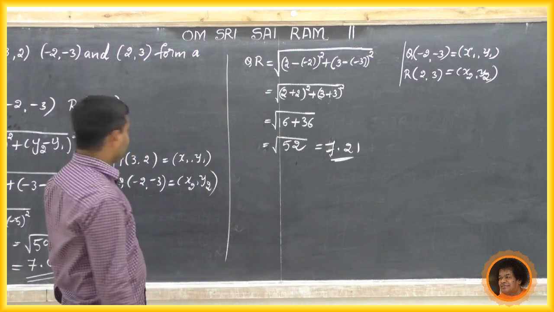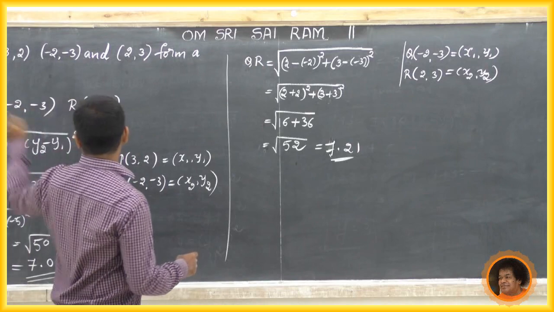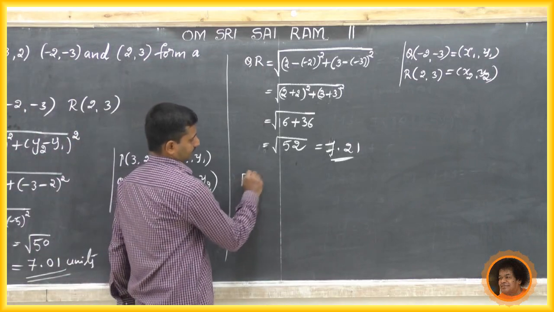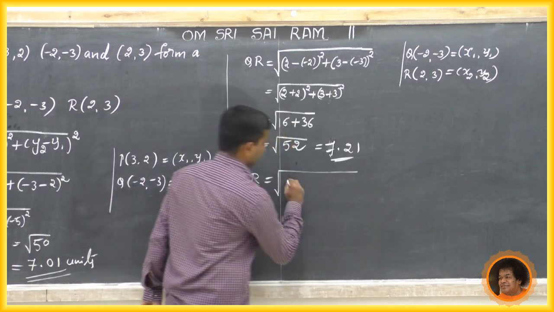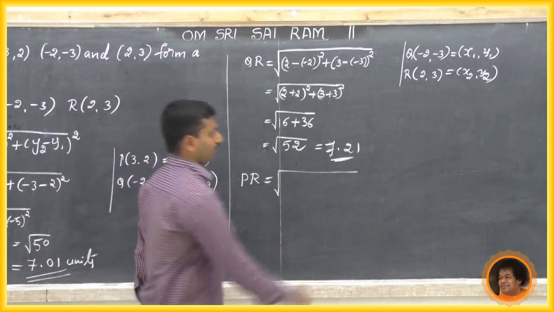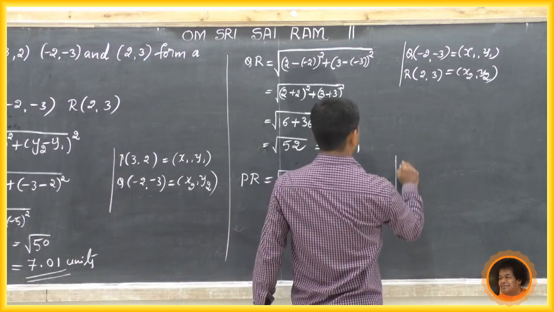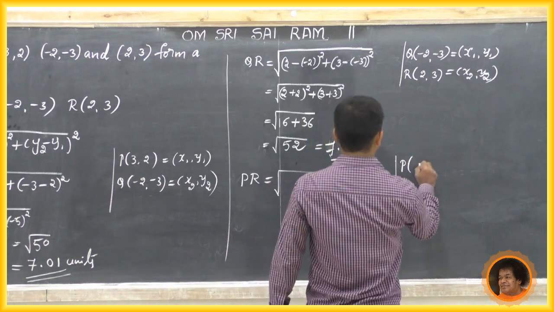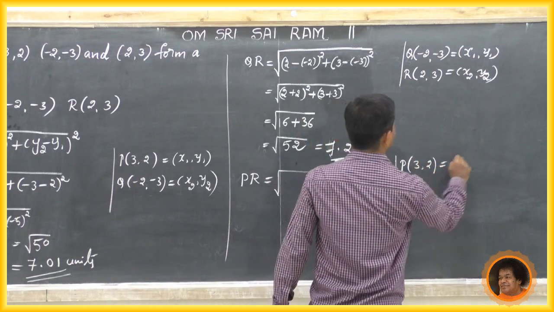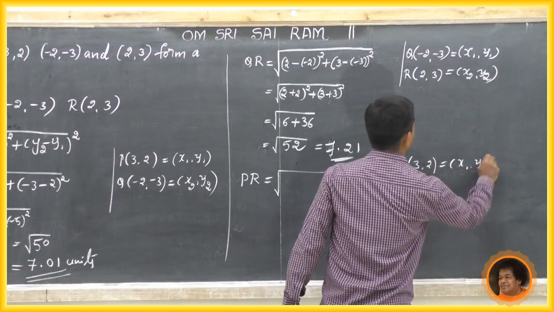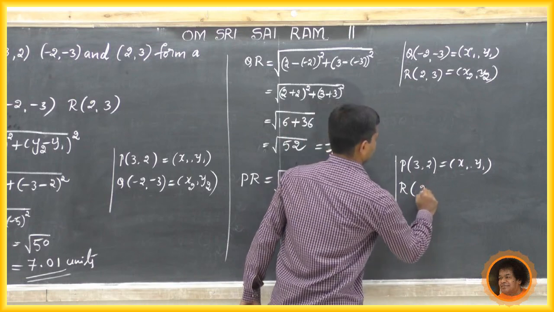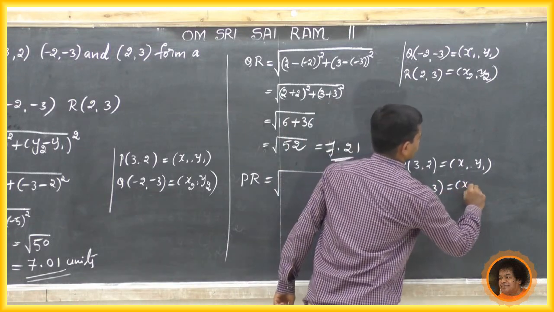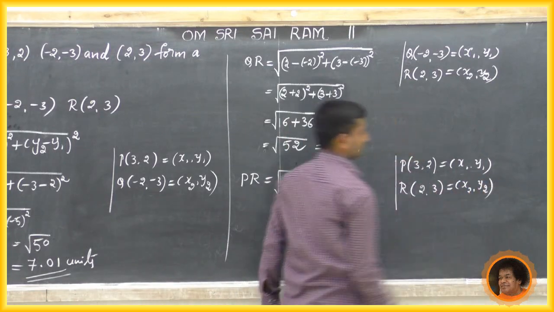And next, the third distance is PR. So find the distance between P and R, that is square root of x2 minus x1 whole square. The coordinates of the point P are 3, 2, that is x1, y1, and R is 2, 3, that is x2, y2.